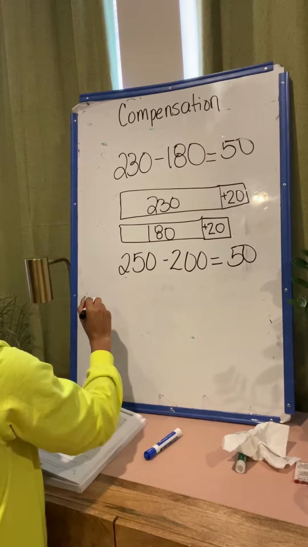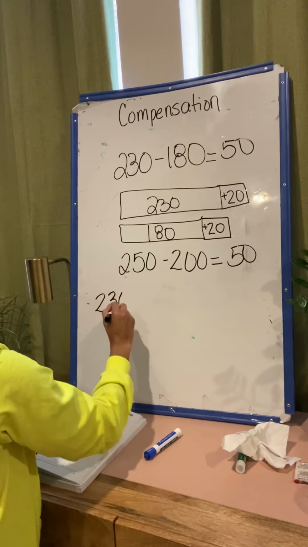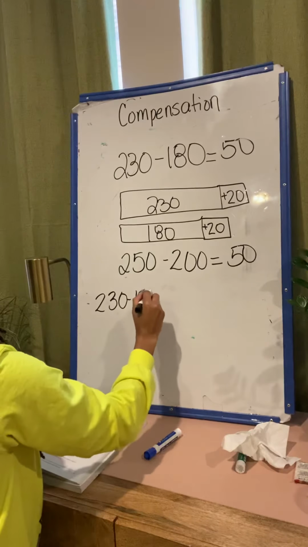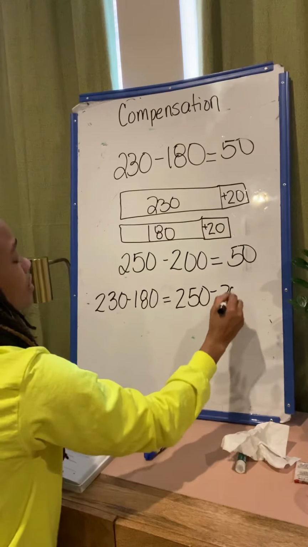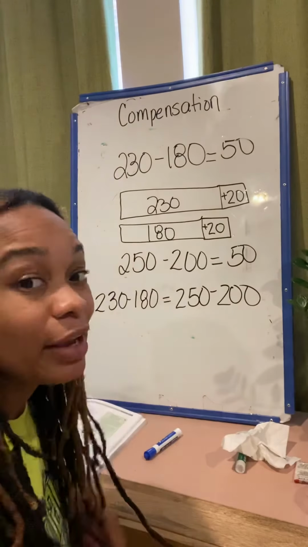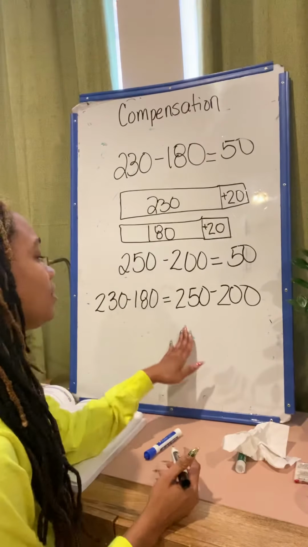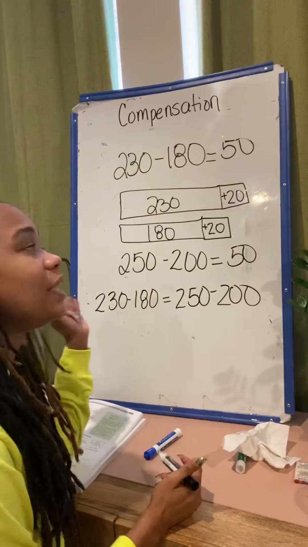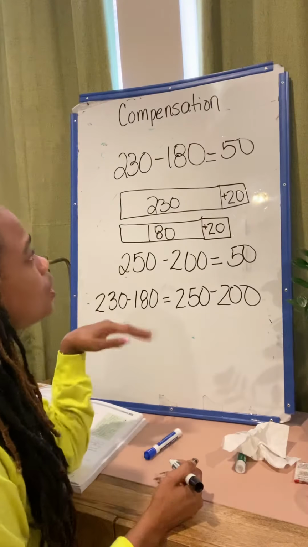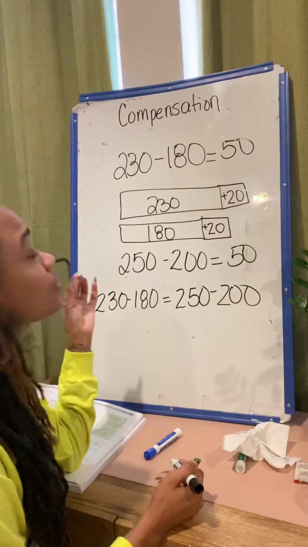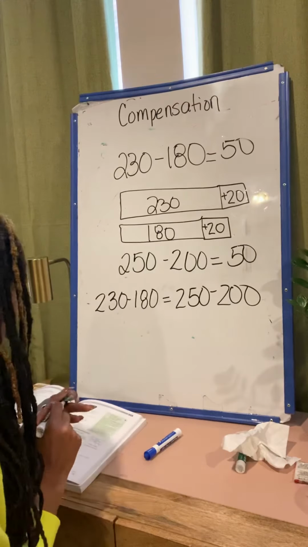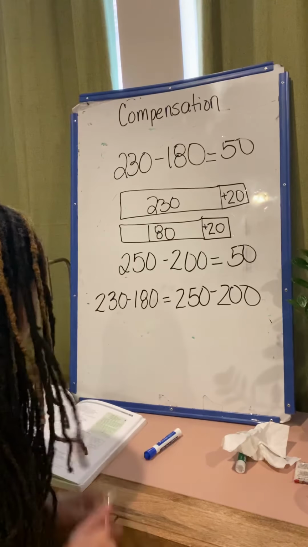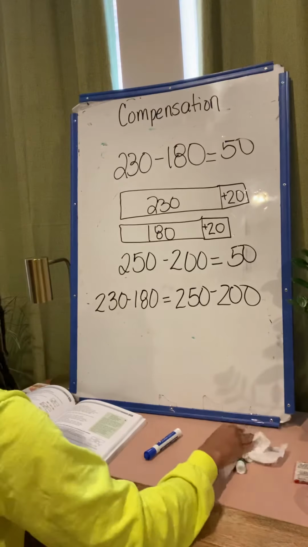So we can say that 230 minus 180 equals 250 minus 200. They're both the same because you get the same difference. We just use compensation to make the problem more simplistic, and we got 50. So now we're going to do another one.